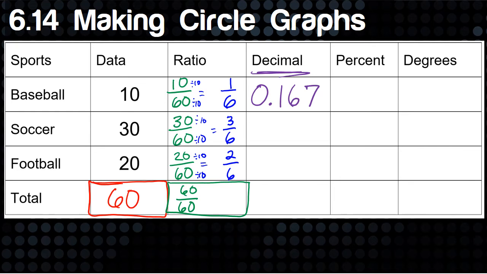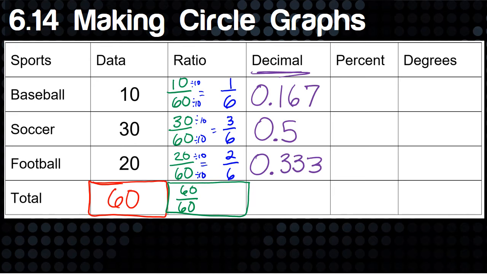For 3/6 or half, if you do 3 divided by 6 in the calculator, it gives you the nice happy decimal 0.5. And then 2/6, we know that's a third, but if I did 2 divided by 6 in the calculator, it gives you 0.3333, and it goes on forever. So let's go to the thousandths place, 0.333.